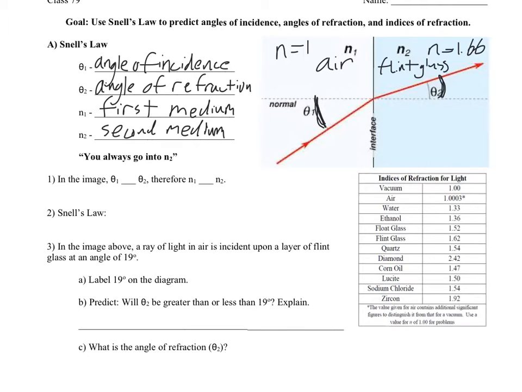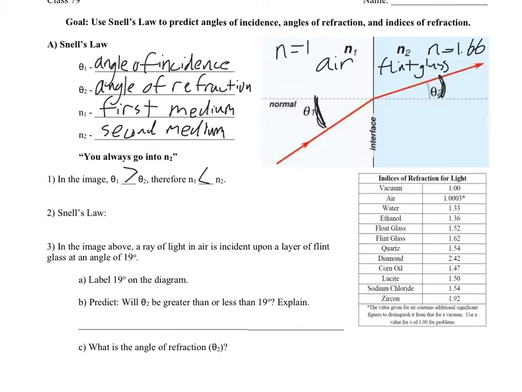So if it ever says you're going into flint glass, you know that that's your N2. In this image, we notice that theta 1 is definitely bigger than theta 2, which tells us that N1 must be less than N2. If theta 1 were smaller than theta 2, then N1 would be bigger than N2.